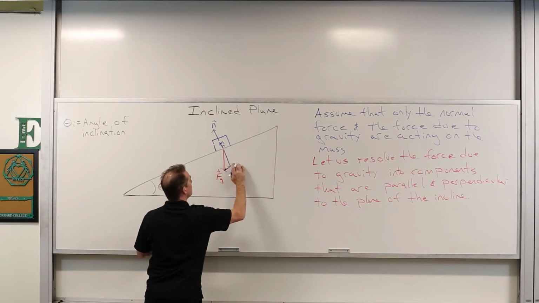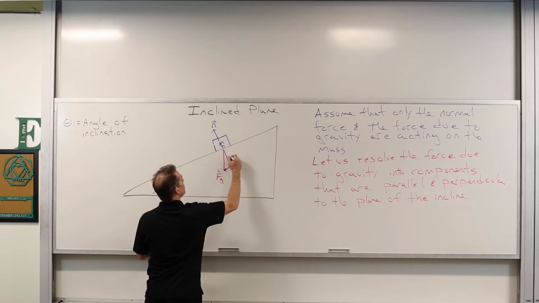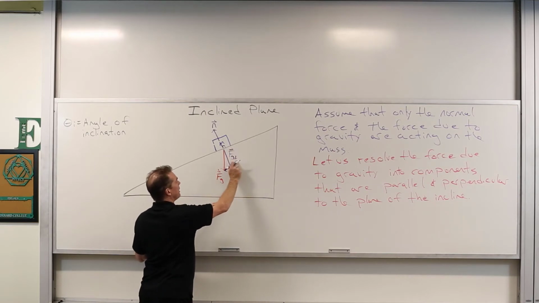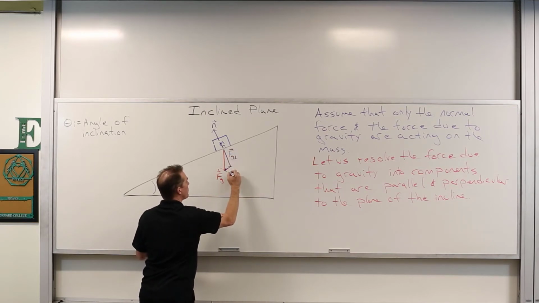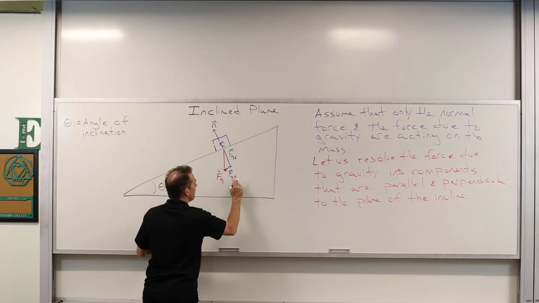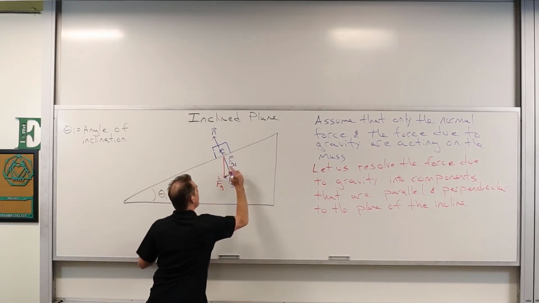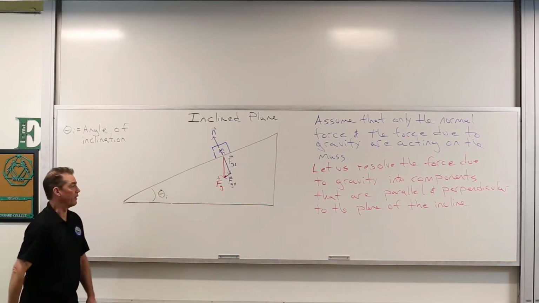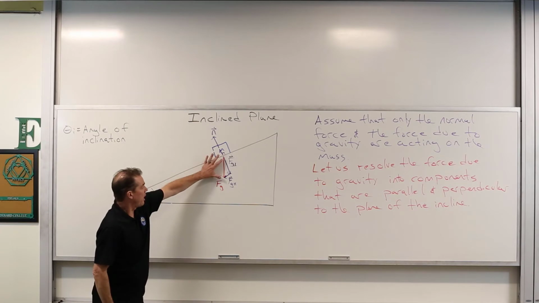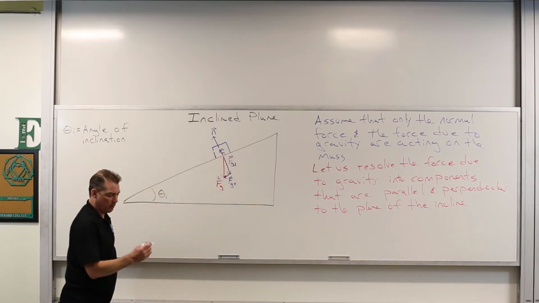I'm going to call this right here F_G perpendicular hat, with an upside-down T. I'm going to call this right here F_G with two lines, which means parallel hat. And these two vectors here are perpendicular to one another. So really we're just breaking this vector up into two components, parallel and perpendicular.